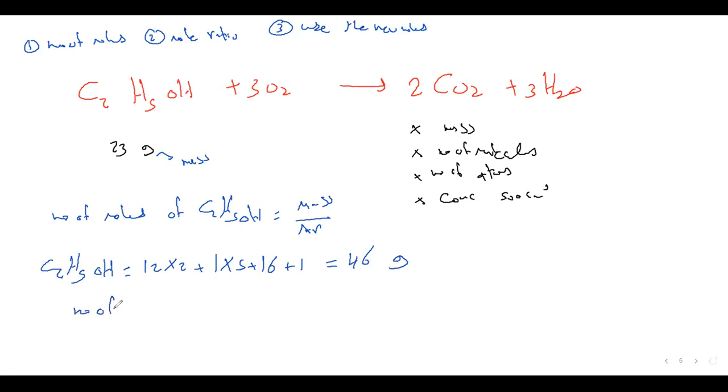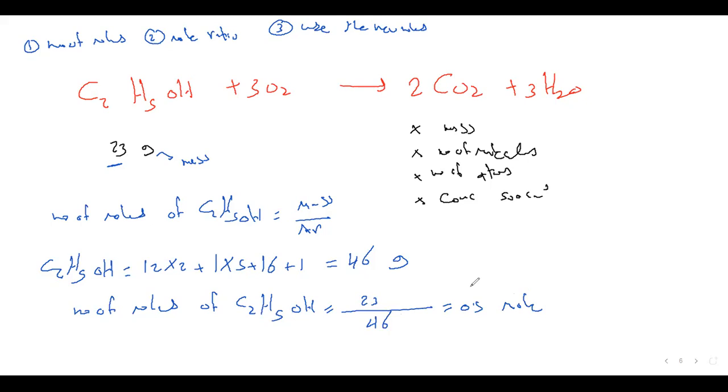So number of moles of ethanol is equal to mass, which is 23, over molar mass 46, which is 0.5 mole. Okay, this is number 1.